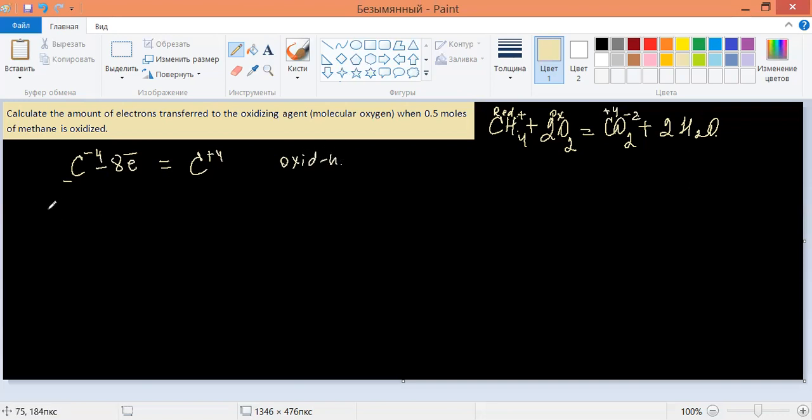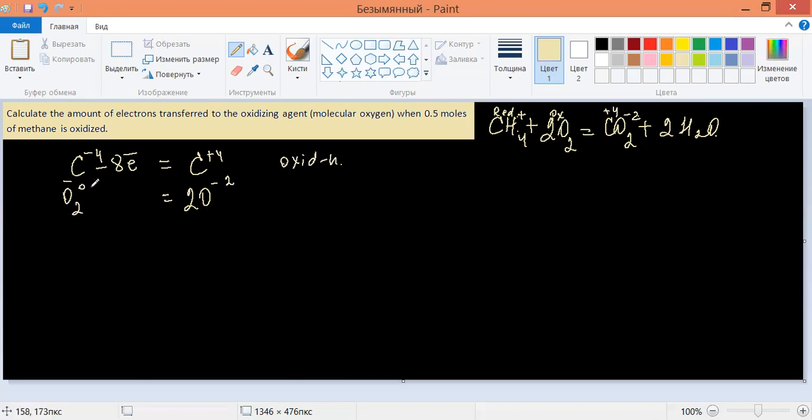Okay. Now let's take a look at the other half reaction. We got the oxygen molecule and its total electrical charge equals 0. And finally, we've got an atom of oxygen in a water molecule, and its electrical charge equals minus 2, right?